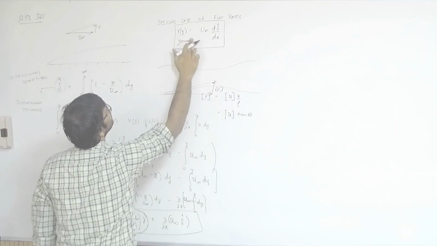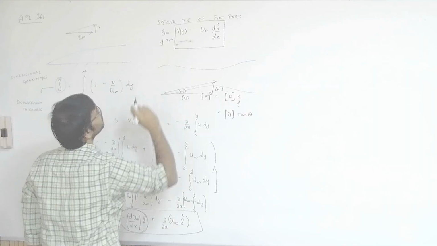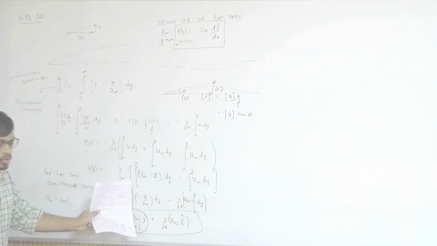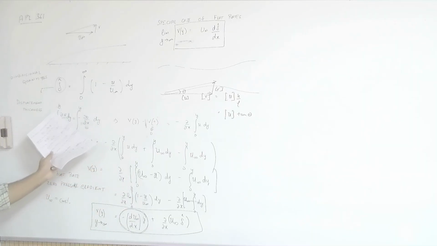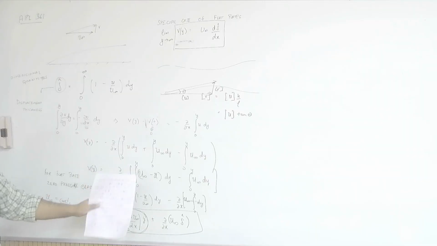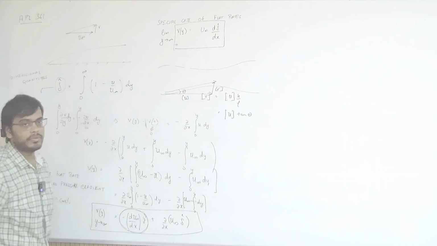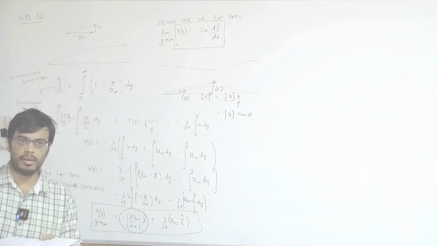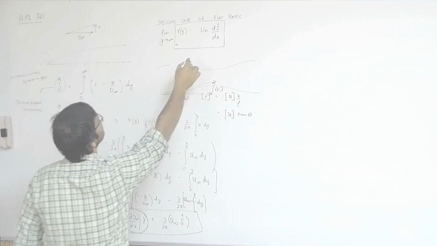This is a limit that we are evaluating, because this quantity, 0 to y of 1 minus u by u infinity, is technically delta hat only when this upper limit is infinity. So we are evaluating this at the limit. I am telling you that very far away from the plate, there is a y direction velocity which is equal to this.